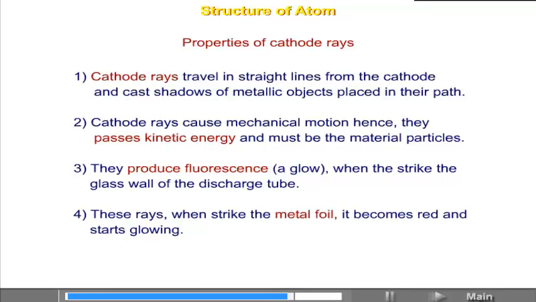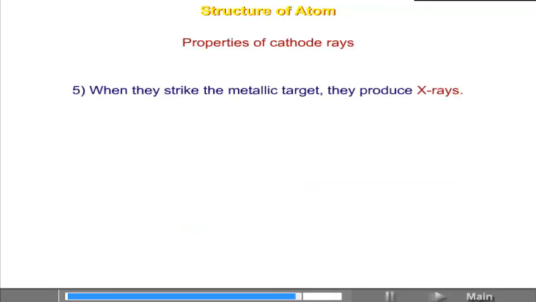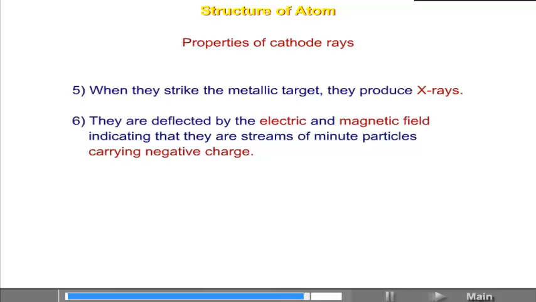In 1919, he became the first person to transmute one element into another and converted nitrogen into oxygen through nuclear reaction.